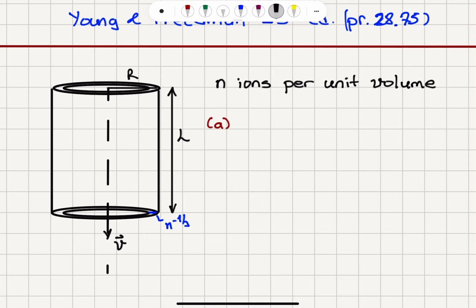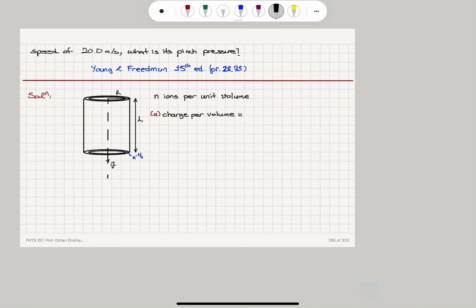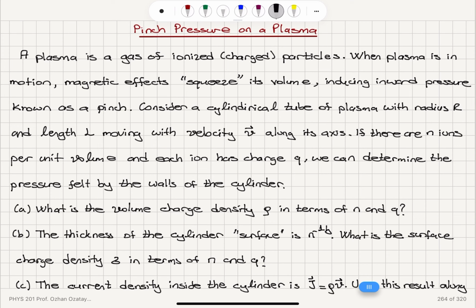Now, the charge density is charge per volume, the total charge per volume. Now, we know the charge per ion. Each ion has charge Q, so this is given to us.